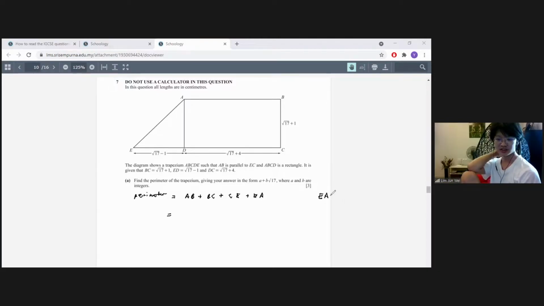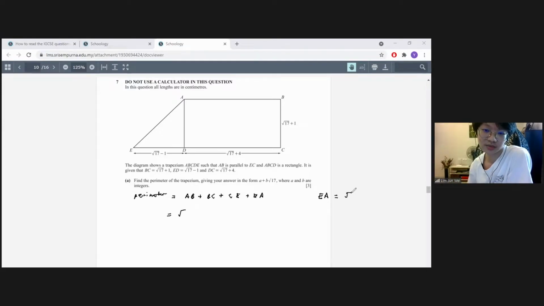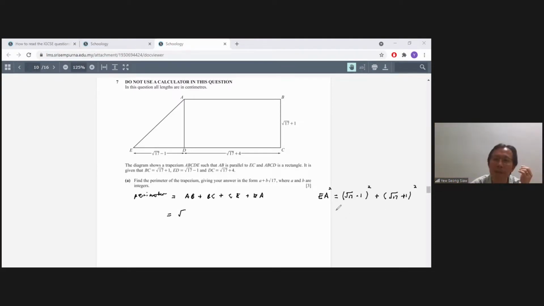EA would be the surd 17 plus 1 squared plus surd 17 minus 1 squared equals EA squared. Yes. So you can simplify.